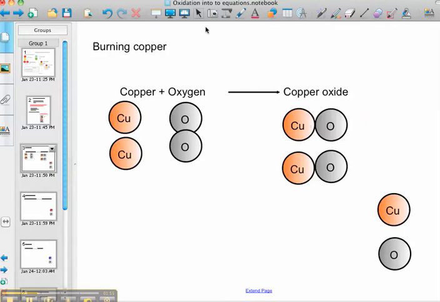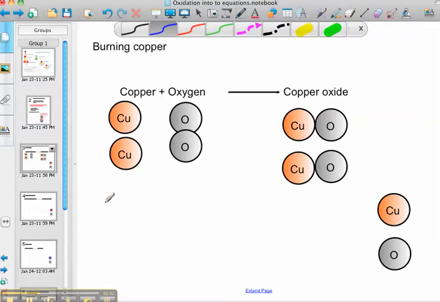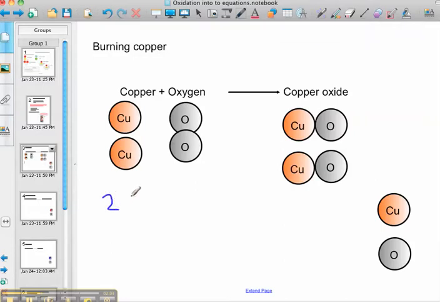So now we need to put in the right symbols, and I'm going to write them in here. How many coppers do you have? You've got two, so you put a 2 in front because that shows us that we have two separate copper atoms. And then I'm going to put an addition sign there, and then we've got O. Now because they're joined, it's O2.